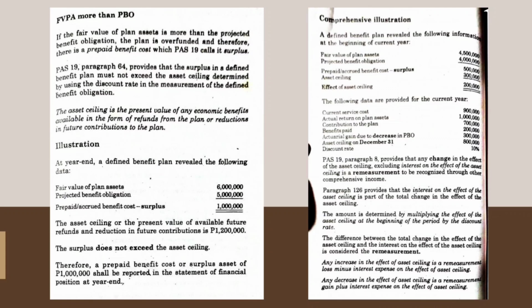The difference between the total change in the effect of the asset ceiling and the interest on the effect of the asset ceiling is considered remeasurement. Any increase in the effect of asset ceiling is remeasurement loss minus interest expense on the effect of asset ceiling. Any decrease in the effect of asset ceiling is remeasurement gain plus interest expense on the effect of asset ceiling.